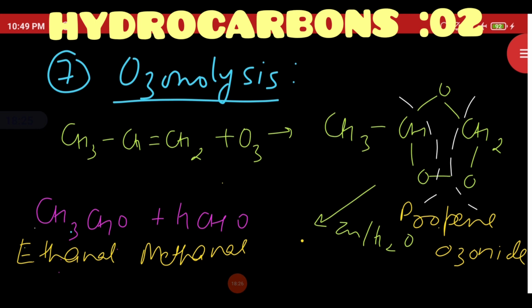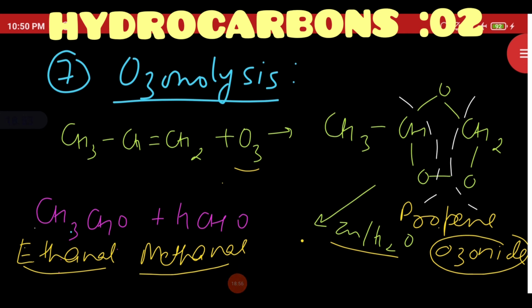Next is the ozonolysis reaction. Alkenes undergo ozonolysis in the presence of ozone, and the first step involves the formation of an ozonide ring. It is highly unstable and undergoes cleavage in the presence of zinc and water, resulting in the formation of smaller molecules, like in this case ethanal and methanal are formed.